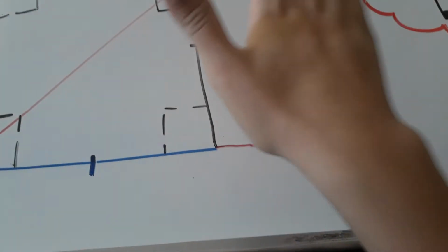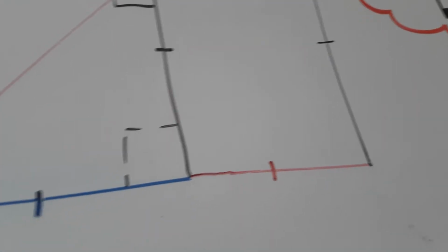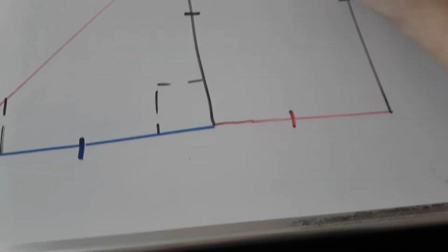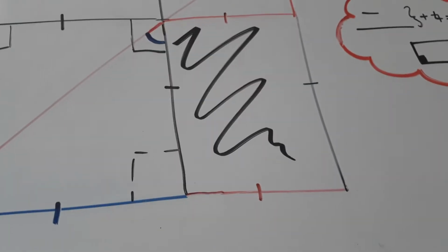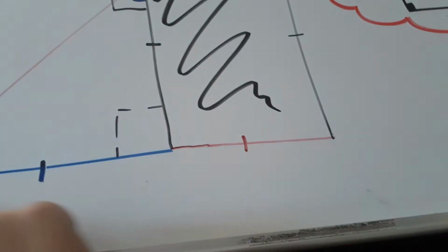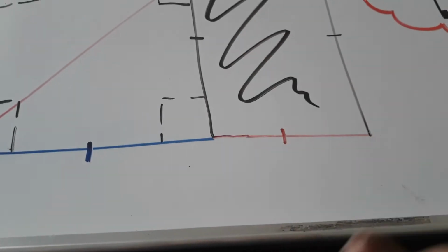Here we are going to have a rectangle, okay? We are going to paint it so we can see it, okay? Here we are going to have a rectangle. Great. Rectangle made by this whole straight line. That was our given in the beginning, okay?